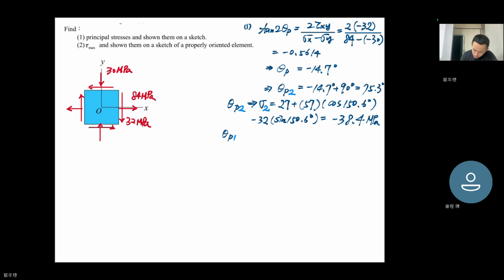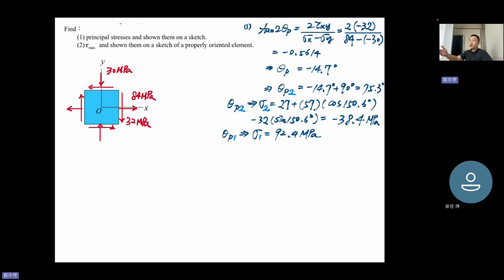And how about theta p1? We do exactly the same thing. I won't waste time substituting; it gives 92.4 MPa by substituting into the formulas. Or you can use another way to do that. Anyone? We don't need to substitute. How to determine this quickly? Anyone? Bonus.